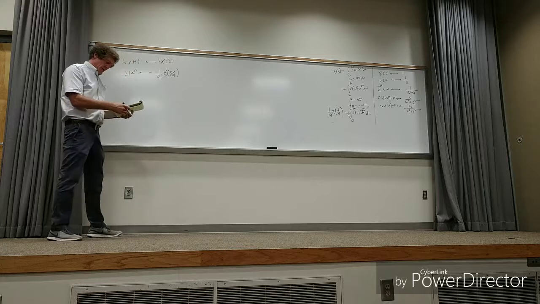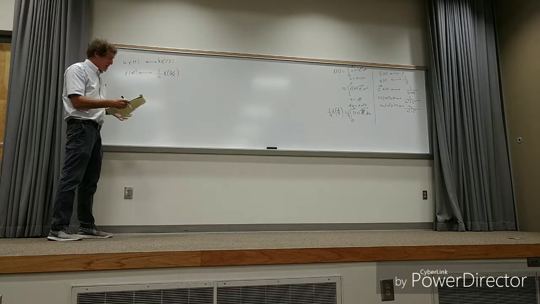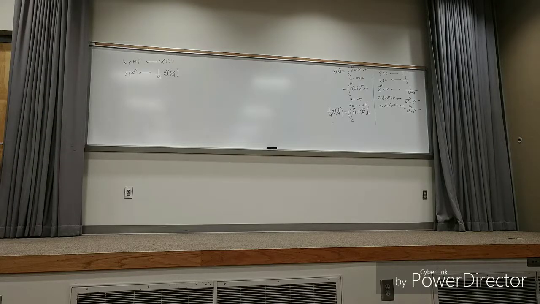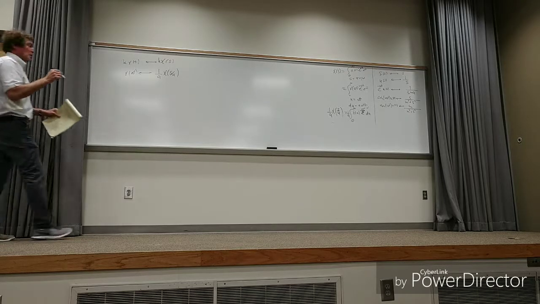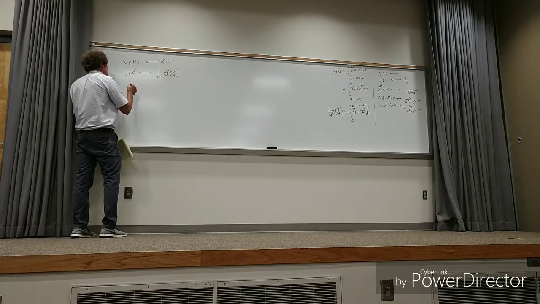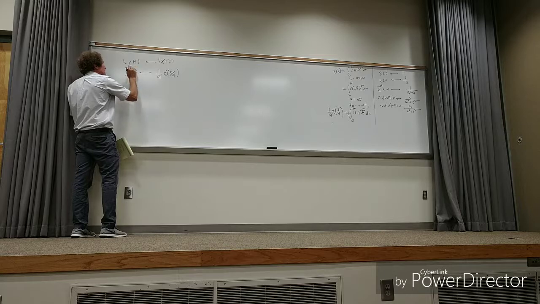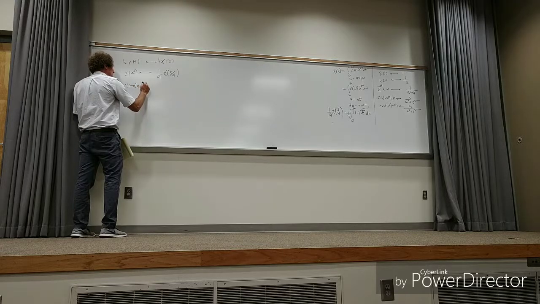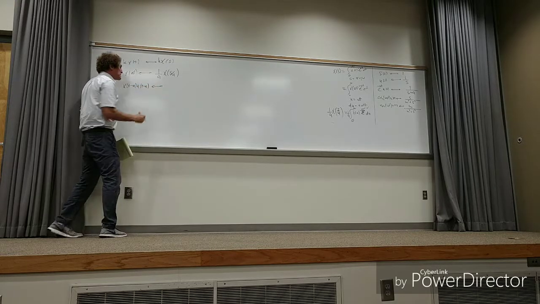Right? That's scaling. Next is this, and this is something I said last time in class that wasn't correct. So I want to make sure I correct it right now. I'm going to say if you have x of t go to x of s, then x of t minus a times u of t minus a, we're going to do this one.